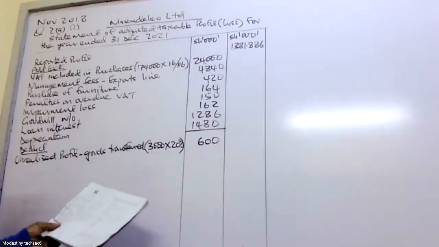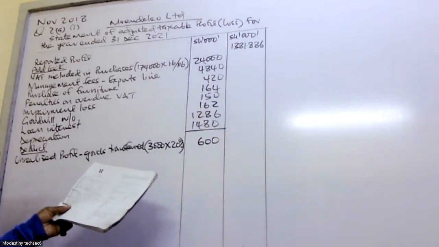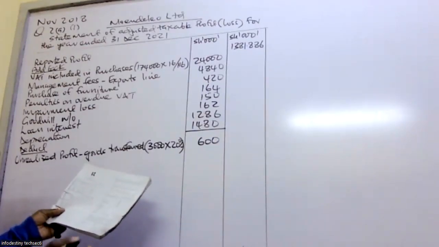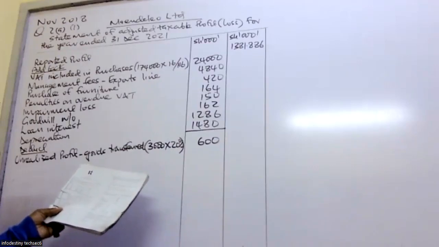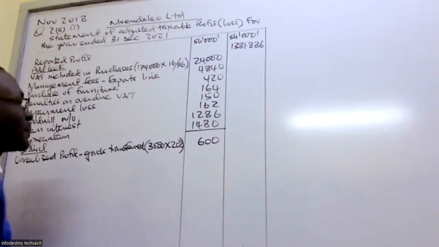Then something else happened in the same note. 10% of these goods were sold to a customer who was declared bankrupt. The branch sold 80% of the goods, so there is 20% that had not been sold. Then 10% of the goods that were sold went to a customer who was declared bankrupt.